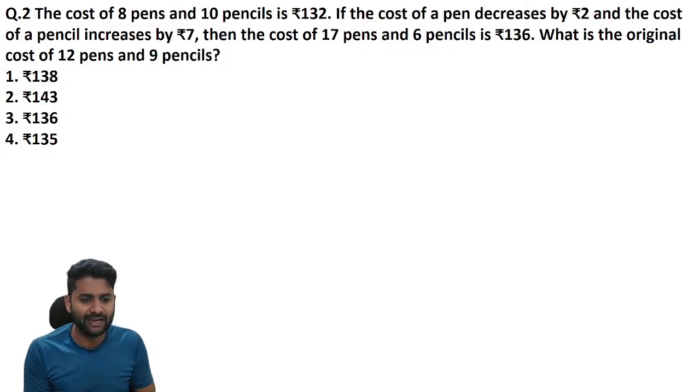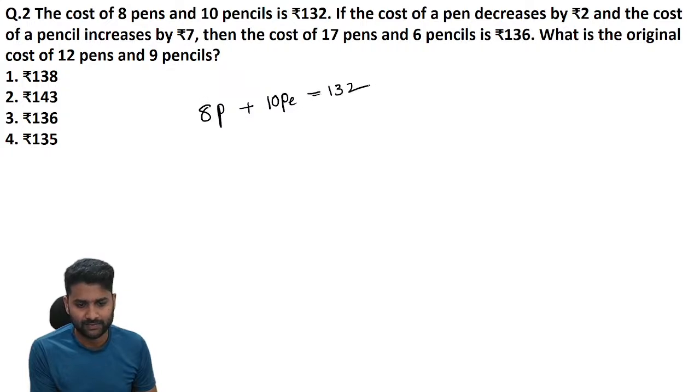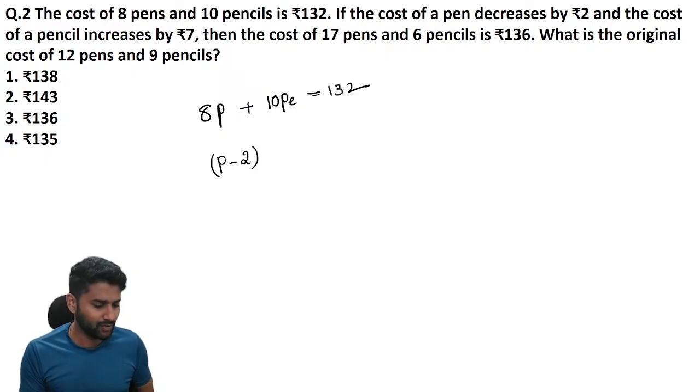The cost of 8 pens and 10 pencils is 132. The cost of a pen is decreased by 2 rupees. Initially, let us assume the cost of a pen is P. Now it is decreased by 2, so P minus 2.